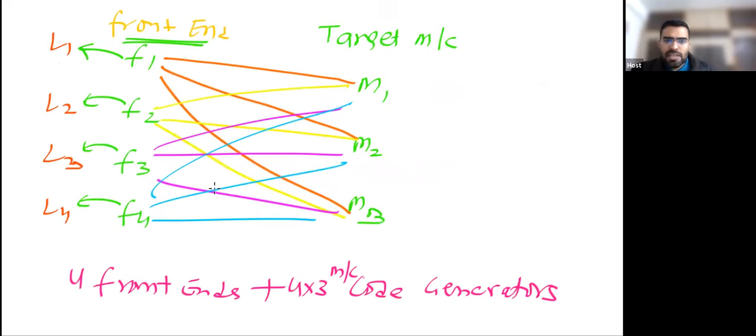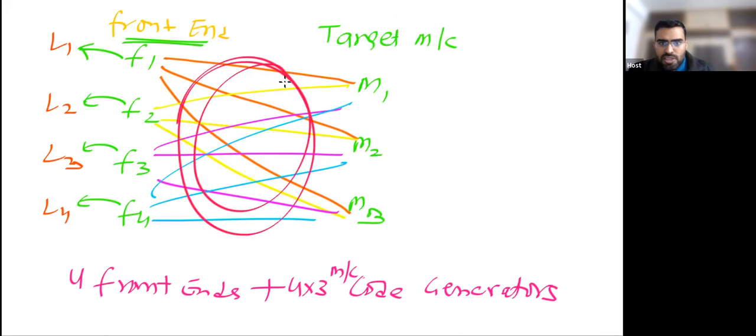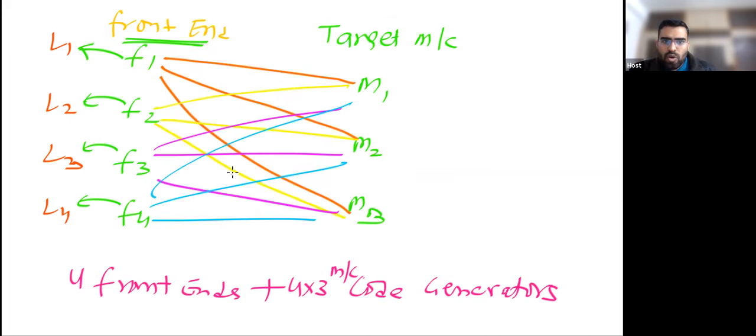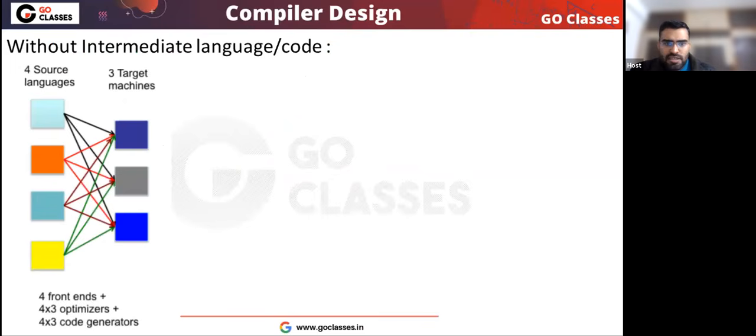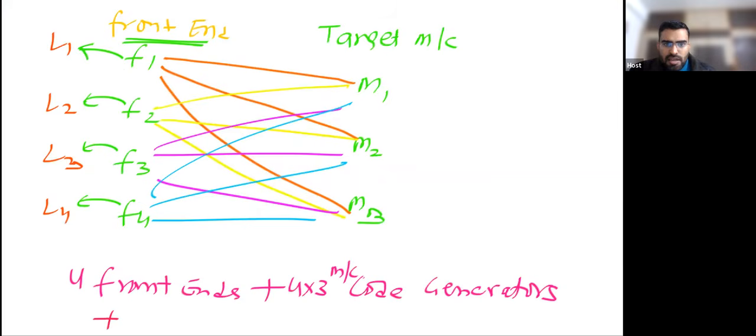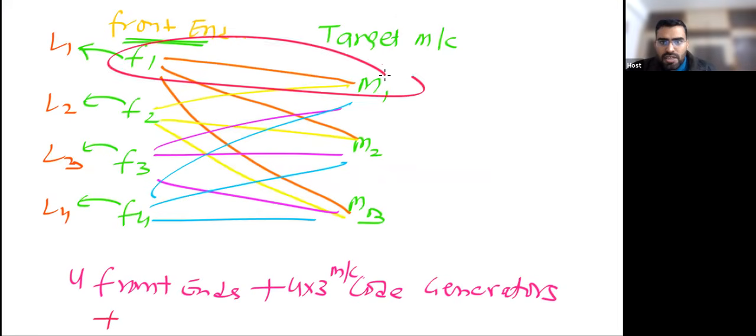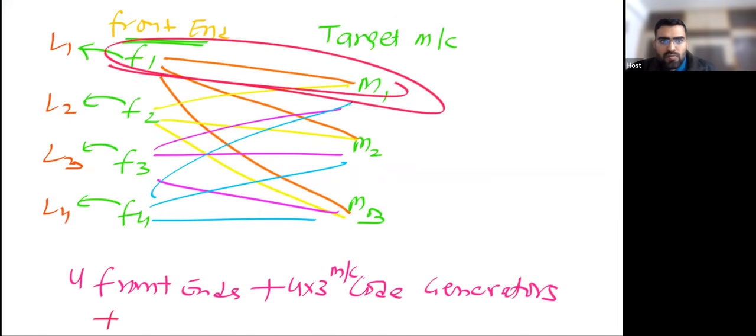Tell me how many optimizers we need. If we don't have an intermediate code, then how many optimizers do we need? Anyone? Again you can notice that for each combination we need another optimizer.